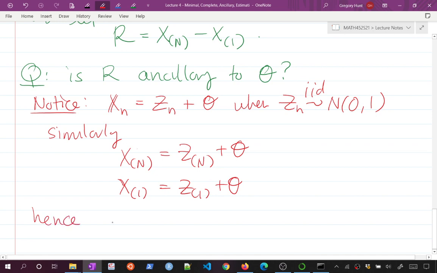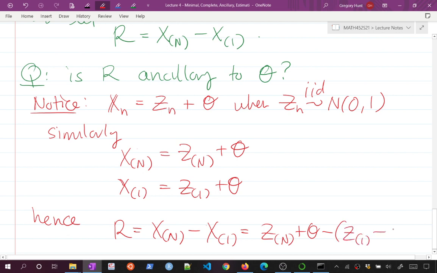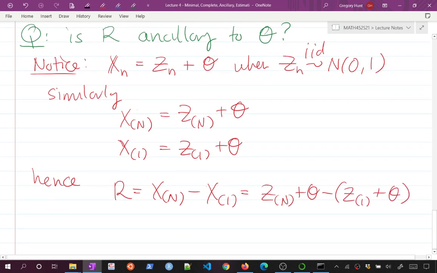What this means is that my range, which is my maximum minus my minimum, can be written as the maximum of the Z's plus theta minus the minimum of the Z's plus theta.